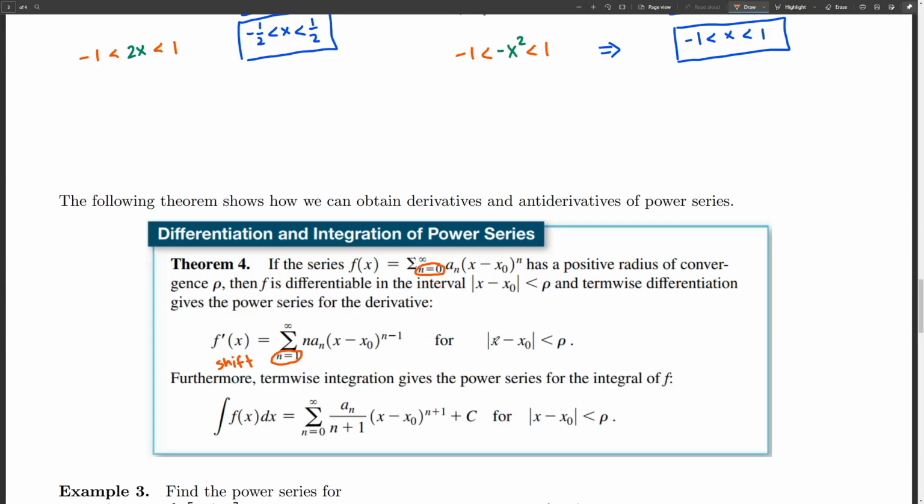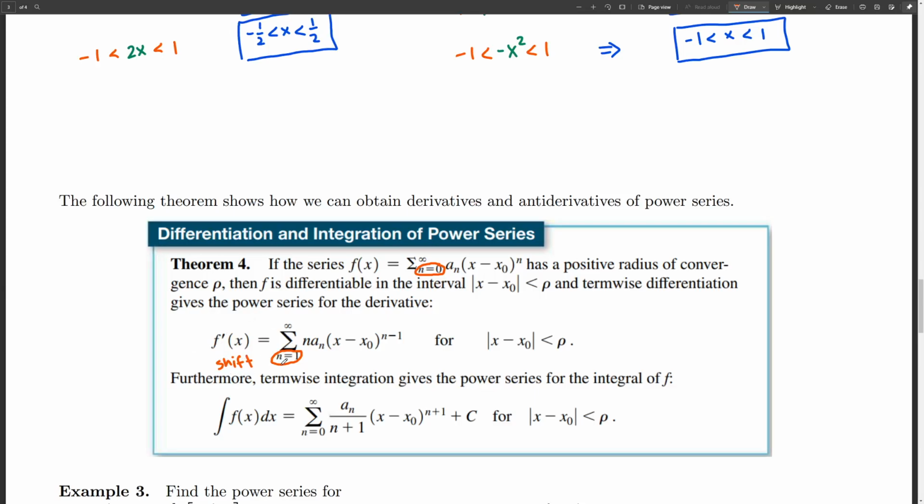And this holds for all x minus x naught in absolute value less than rho. So again, that is the power rule applied to each term, and there's a shift in the summation, and that has to do with the fact that the first term of this power series is a constant term, and so when you take the derivative of a constant, that's 0.